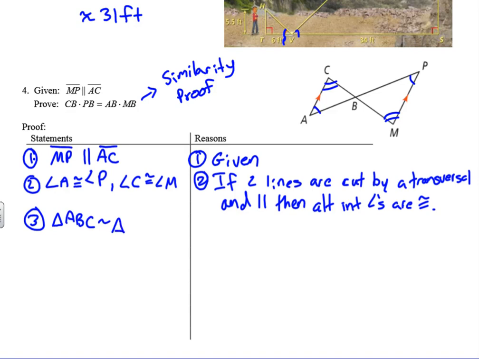Notice how A has the 1 mark and B is in here, so I'm going to go PBM to make sure I write this similarity statement correctly. PBM. And that's the reason that we just talked about, which is the angle-angle similarity postulate.